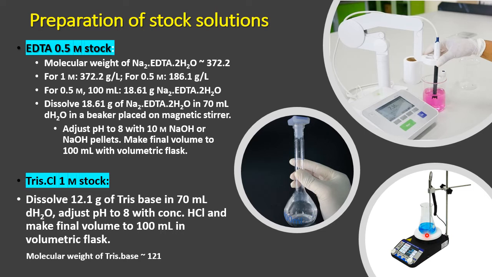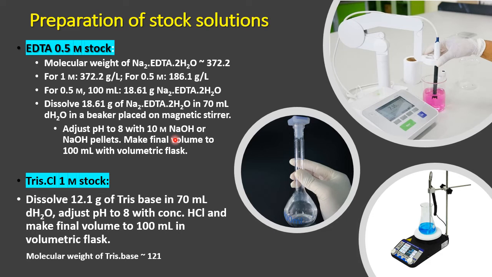Now, another important point here is that you have to adjust the pH to 8 with 10 molar sodium hydroxide or NaOH pellets. This solution won't be prepared at all unless you set the pH to 8. So along with this you also have to check the pH with the help of a pH meter.